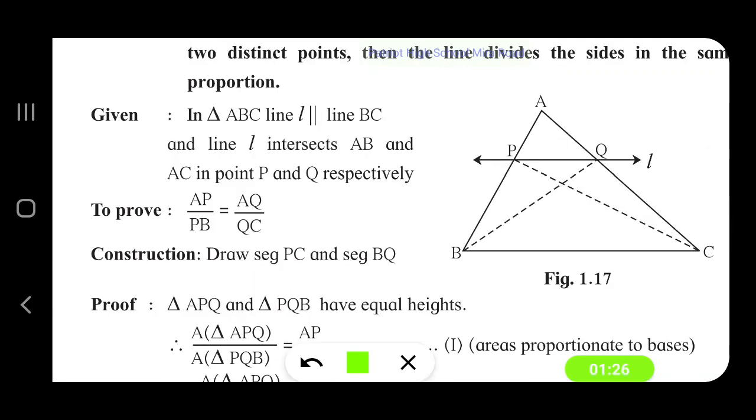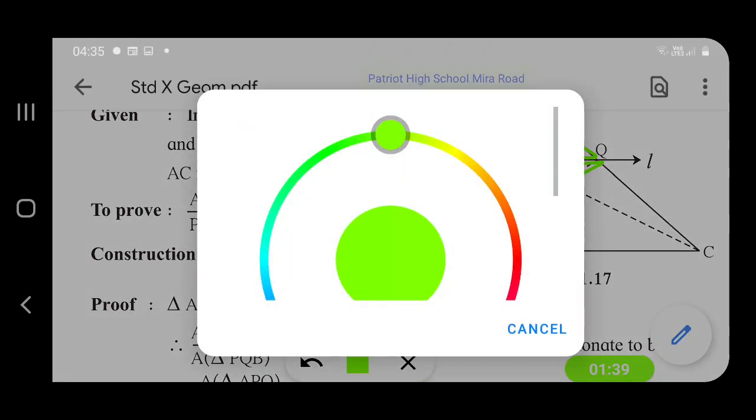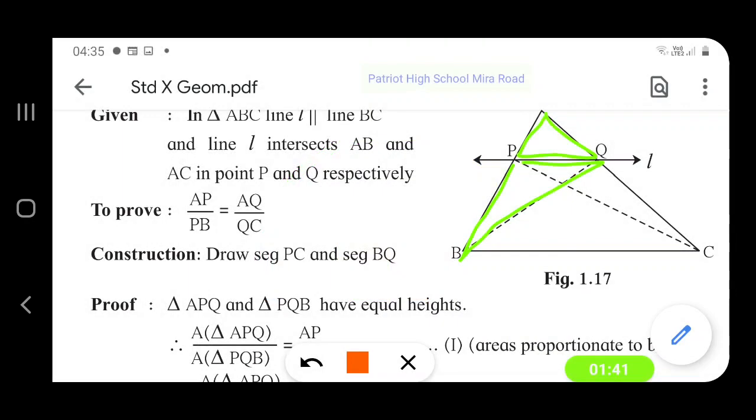Now consider the two triangles APQ and triangle PBQ.